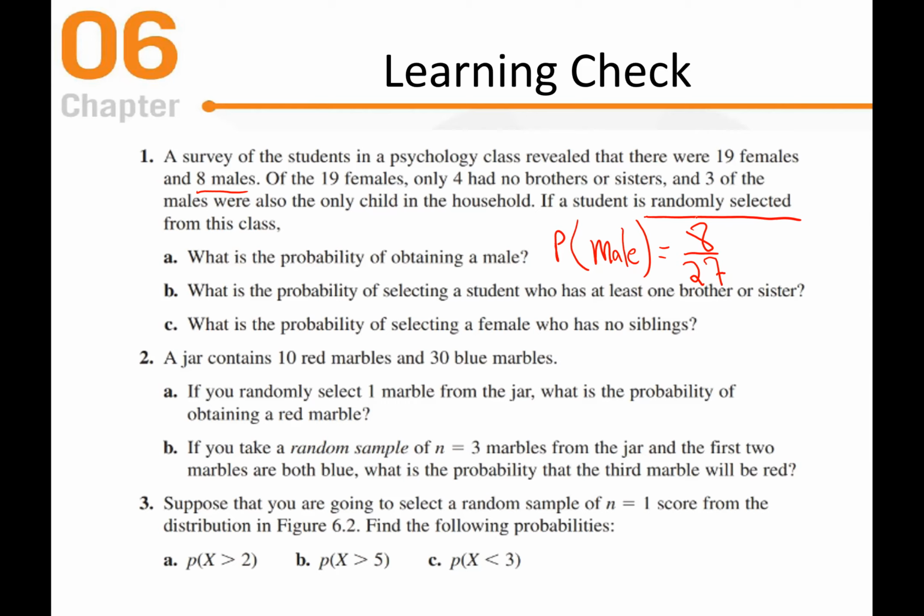Now question B: what is the probability of selecting a student who has at least one brother or sister?